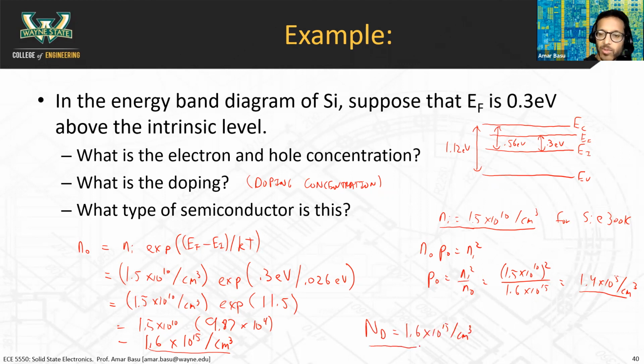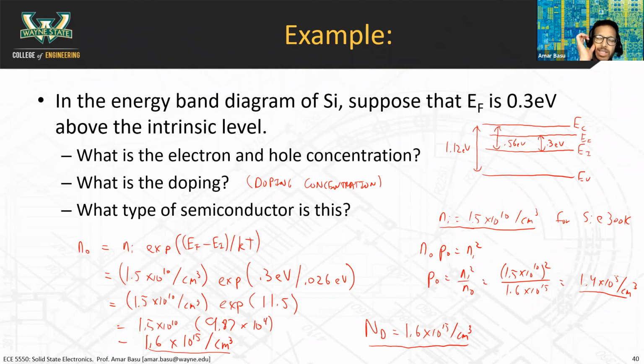Now, why did I just write that number down? Why does that make sense? The electron concentration in this material is 1.6 times 10 to the 15th. For every centimeter cubed of material, there are 1.6 times 10 to the 15th electrons. Now, every place where there's an electron, there has to be an associated dopant.